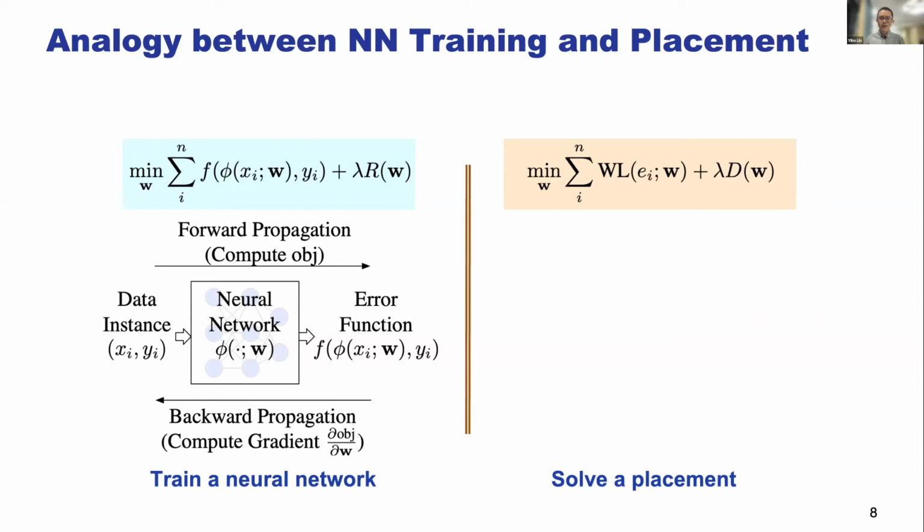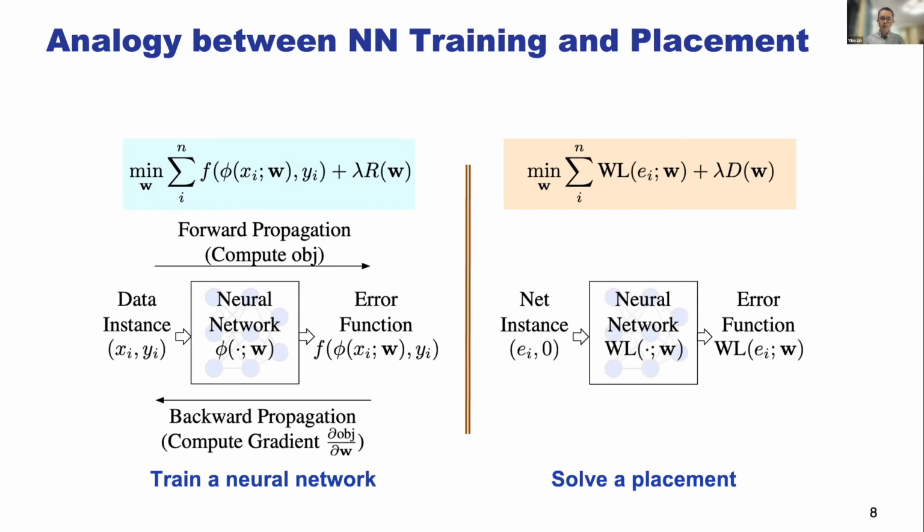We can write the nonlinear optimization, placement optimization, in the same format with two terms, a wirelength term and a density term. We can intentionally construct a virtual network that computes the wirelength given each net instance as a data sample. The ground truth label for the net instance is set to 0.